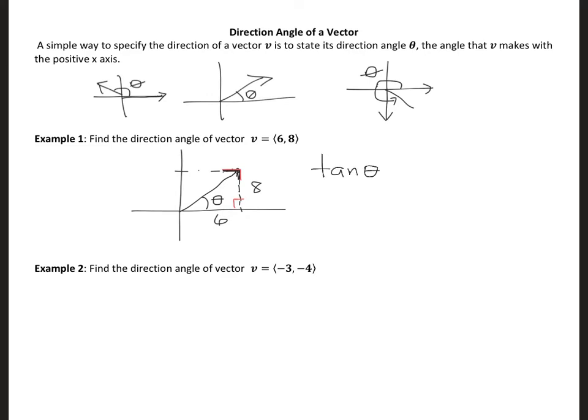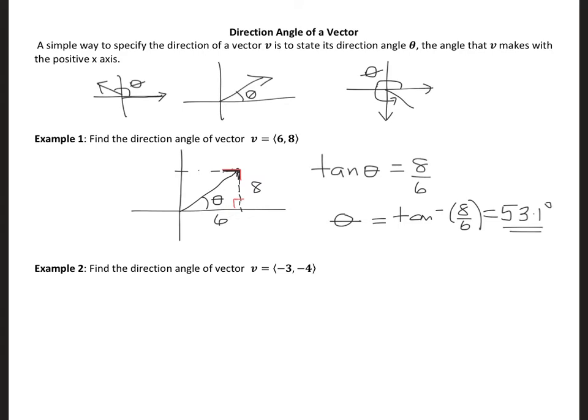Tan theta is equal to 8 over 6, so theta is equal to tan inverse of 8 over 6, which is 53.1 degrees. So that is the direction angle. If you're describing the direction of the vector, you can use that angle.